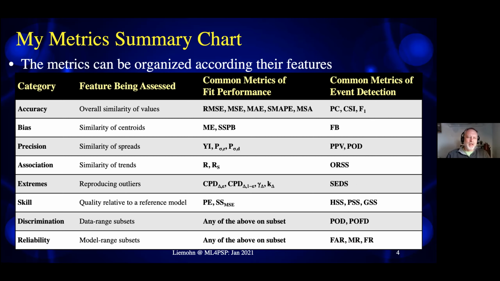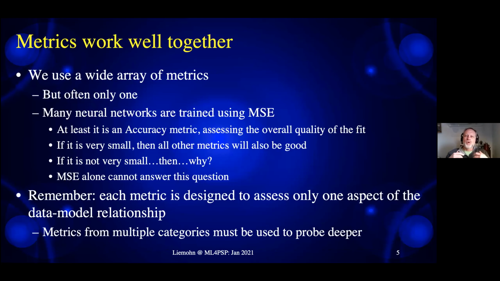So what I would like to say today really is that metrics work well together, and that we shouldn't just be choosing one or randomly choosing a couple, but really there are different ways that these things go together, and we really should be doing this a lot more in terms of pulling in multiple metrics so that we can really get something useful out of that comparison between an observational number set and a numerical number set.